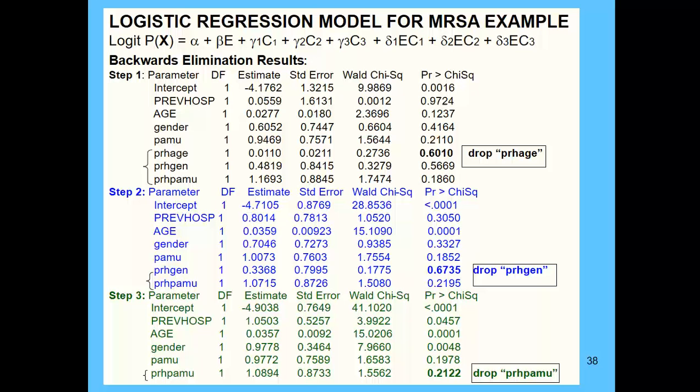Will that always be the same? Will the chunk test and backward elimination always give you exactly the same conclusion? Not necessarily. I wouldn't have asked that if it was true. For example, suppose you did all this and instead of getting 0.2122, you got 0.001.